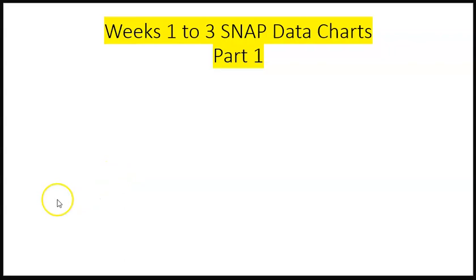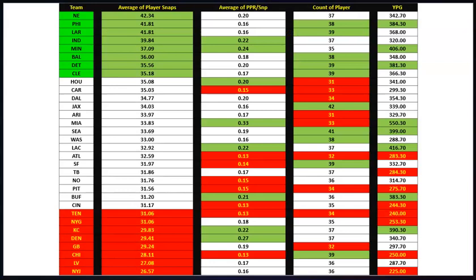So let me start. I had introduced last time this aspect of the research that occurred to me, and I was looking at player snaps of a team, average player snaps.